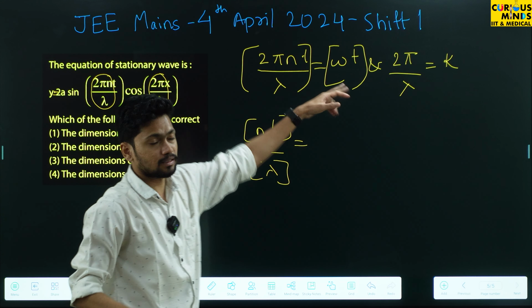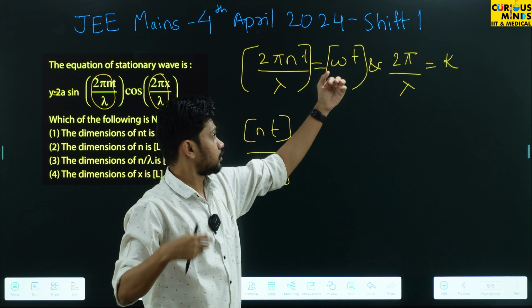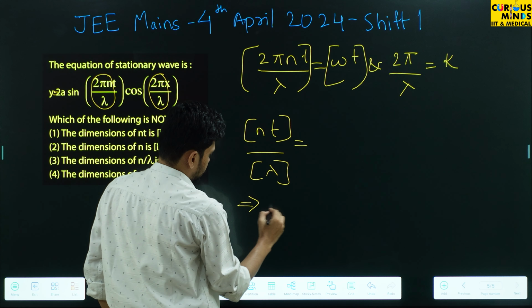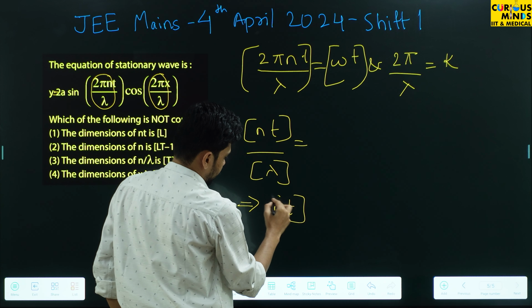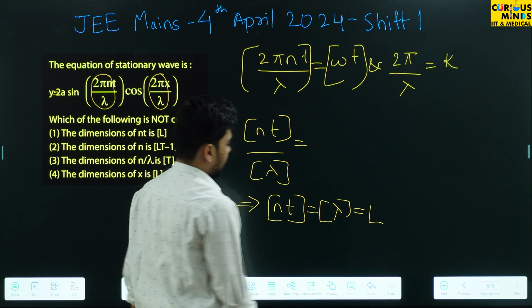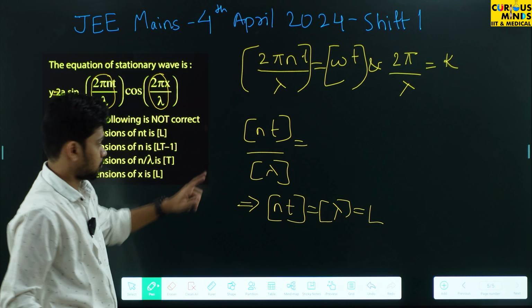But we know omega is in a way 2 pi f, which is 1 by t. So these two will be cancelling. That simply tells that nt's dimension will be just lambda dimension, which is just L. Okay, so this one is right. This one is the correct option.